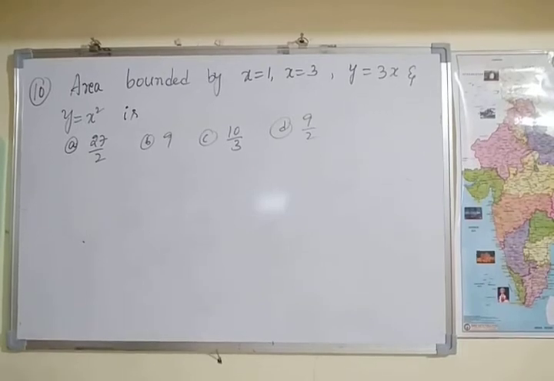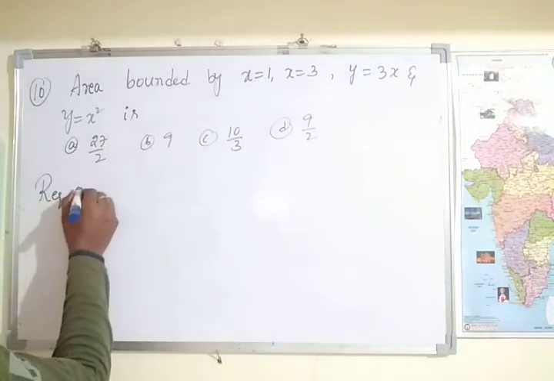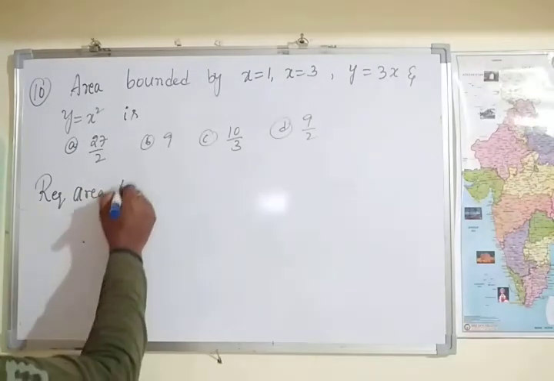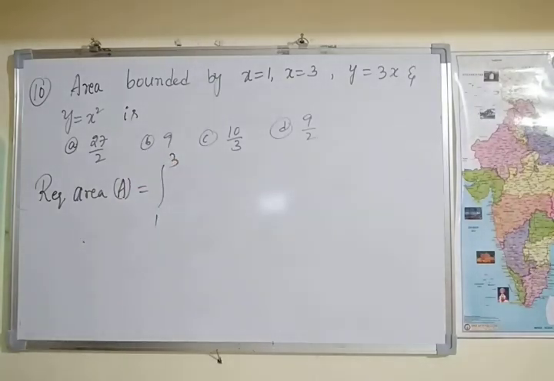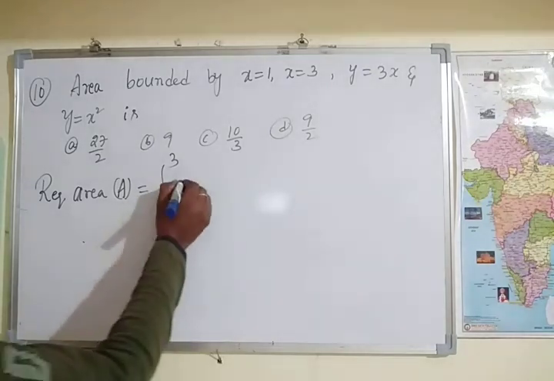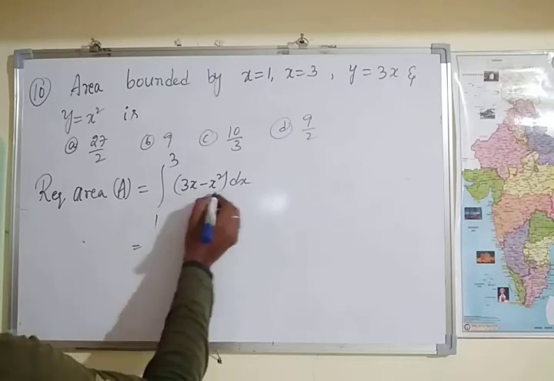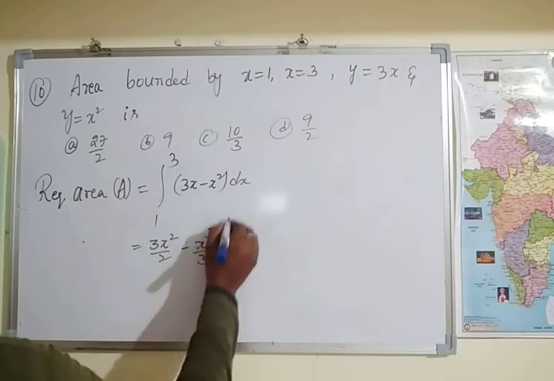Now, the area bounded by x is 1, x is 3. Here we have the curves y is equals to 3x and another one y is equals to x square. Now the required area A, with x from 1 to 3, is the integral of 3x minus x square dx. The integral of 3x minus x square is 3 into x square by 2 minus x cube by 3, from 1 to 3.